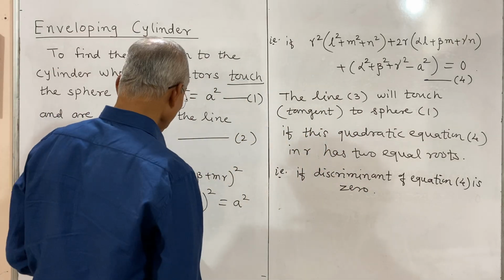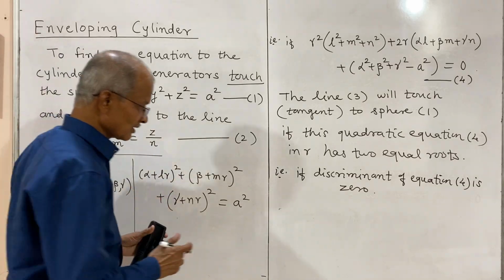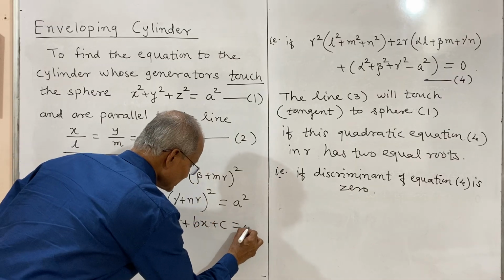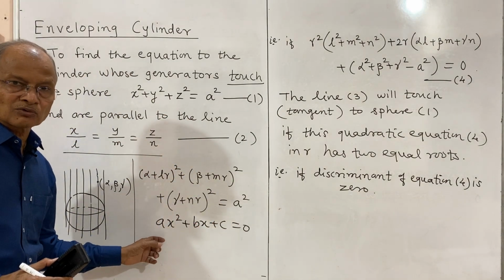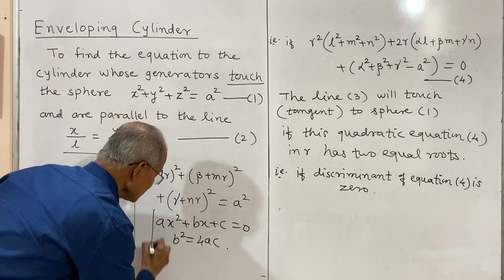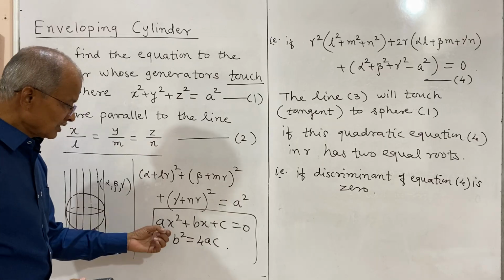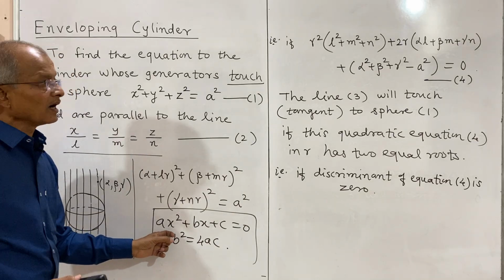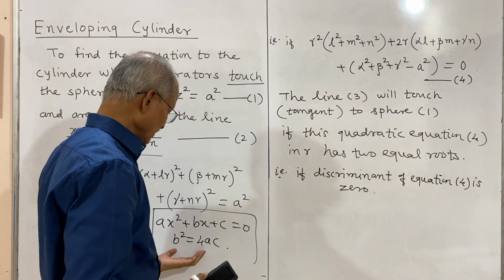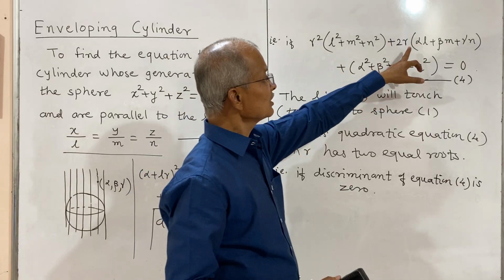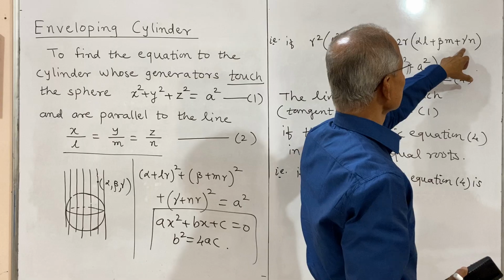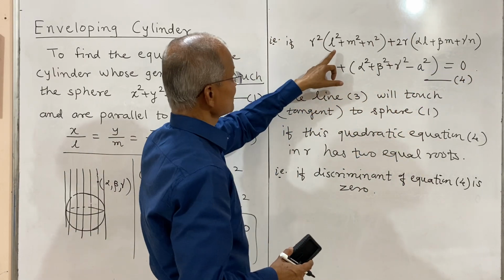We know the condition for the quadratic equation ax square plus bx plus c to have equal roots is b square equal to 4ac. This equation is quadratic in x and that one is quadratic in R, but the condition is the same: b square is equal to 4ac. The coefficient of R is twice alpha L plus beta M plus gamma N, and its square is equal to 4 times A into C.